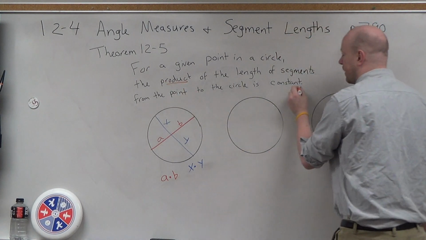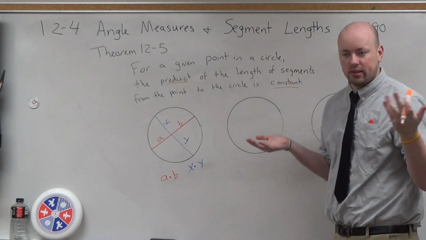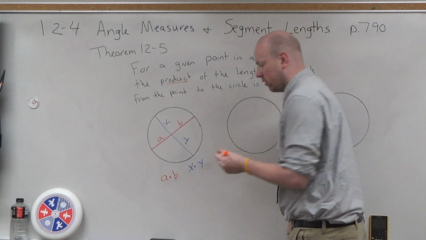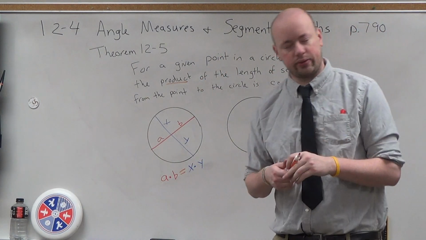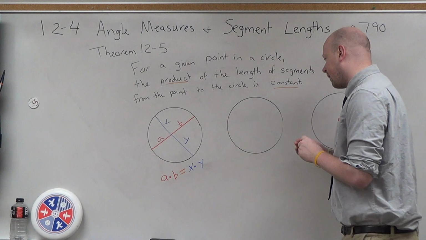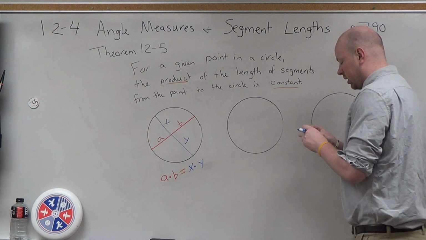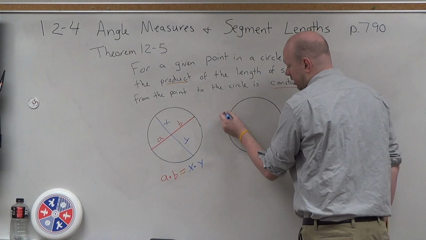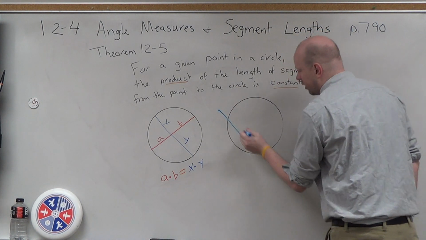Because again, that's all a product means. Now the big thing is we have to consider that they're constant. So constant means same, or the same value. So they are equivalent expressions. Okay, that'd be one case. Another case would be, let's say I have my intersection outside the circle, and my lines go through.